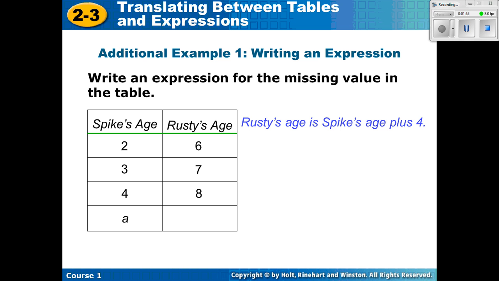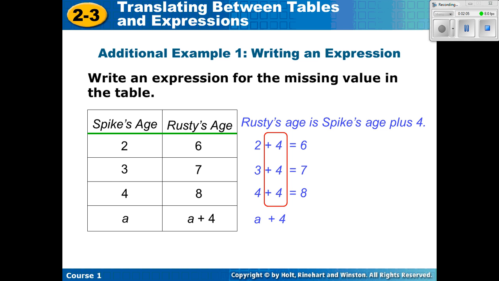What about the difference between 4 and 8? Yes, it is also plus 4. So if 2 plus 4 is equal to 6, 3 plus 4 is equal to 7, and 4 plus 4 is equal to 8, how would we write an expression? Let's look at what's common here, plus 4. So we would write A plus 4 in our missing value.